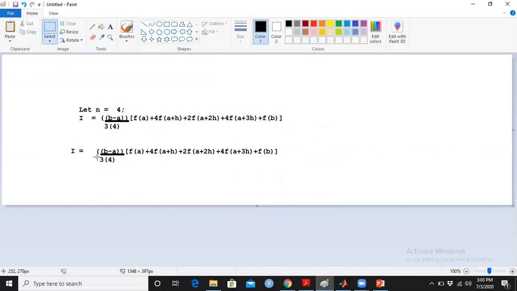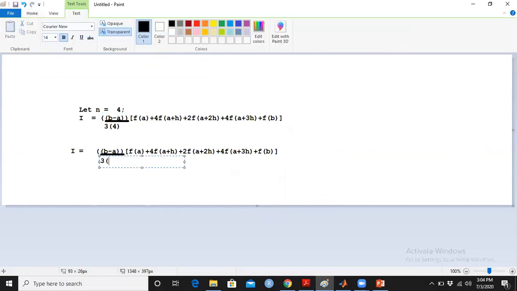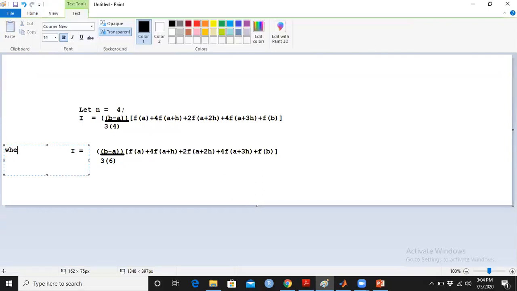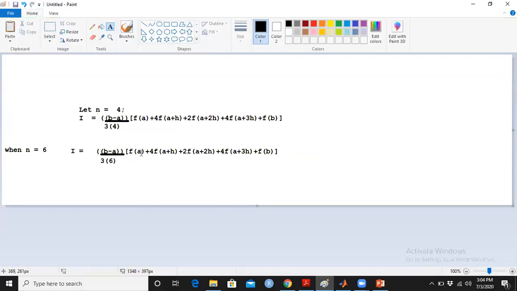Here I will have 3 times 6, when n is equal to 6. And the formula will change.